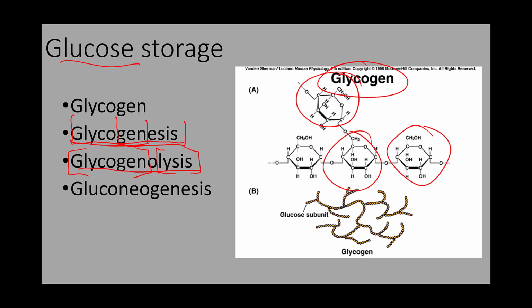Sometimes our body will take something like fat and break off pieces of the fat that are very, very similar to glucose. Here, we are making glucose or other carbohydrates, but they are new carbohydrates.